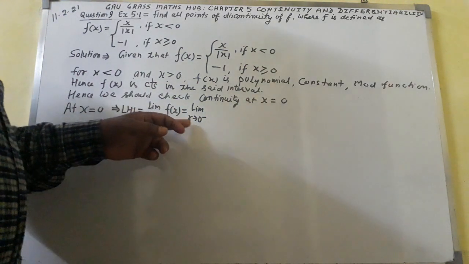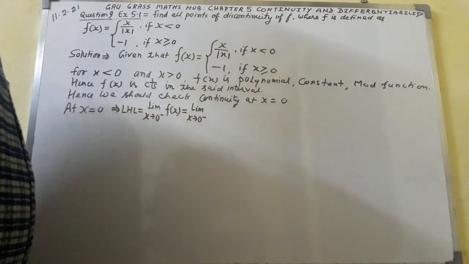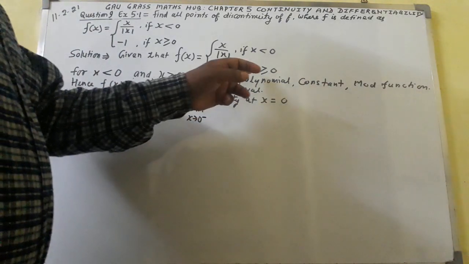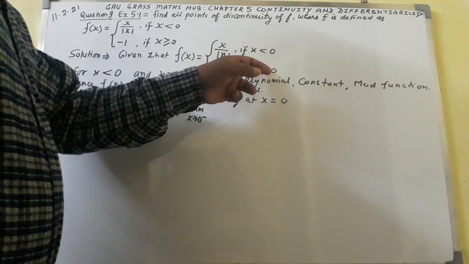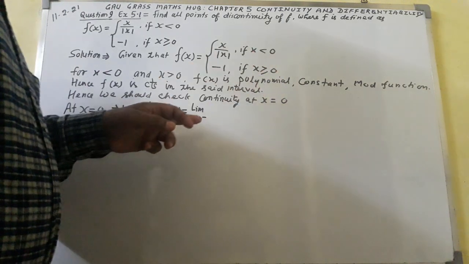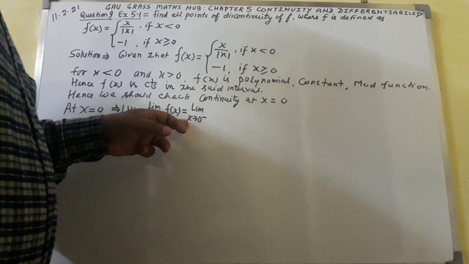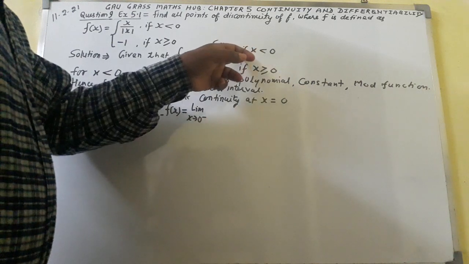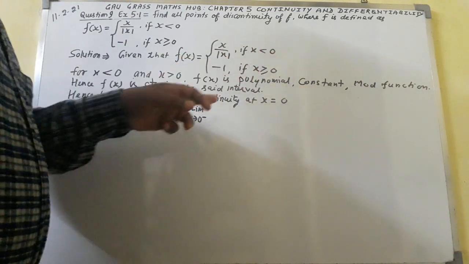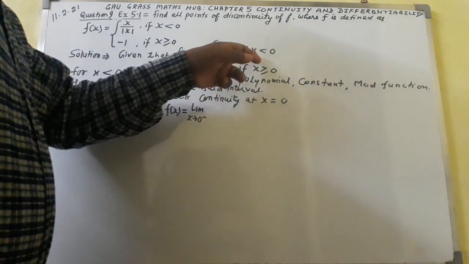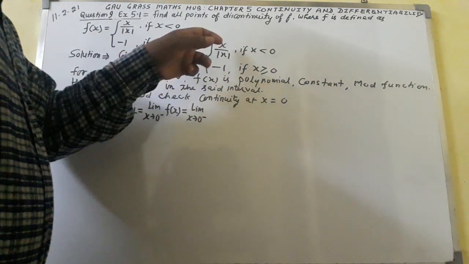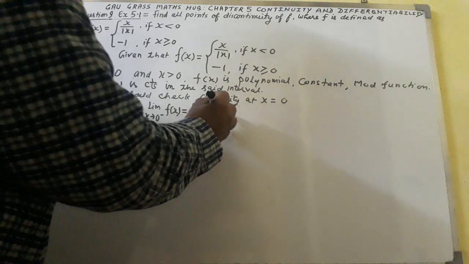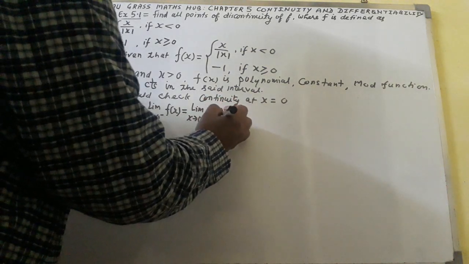Here x tends 0 negative means that the value of x must be less than 0. The condition x greater than or equal to 0 will not be applicable. Here x is less than 0, so I should take f of x equal to x over mod x.